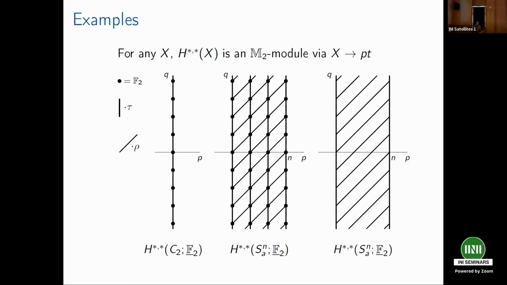So I've got this infinite vertical strip, and again a bunch of copies of F2. I've got all these tau multiplications, so this is tau local. And then I think I've drawn here the cohomology of S^3 antipodal. So I can multiply by rho a few times, and then eventually rho multiplication is 0 on all of these classes.